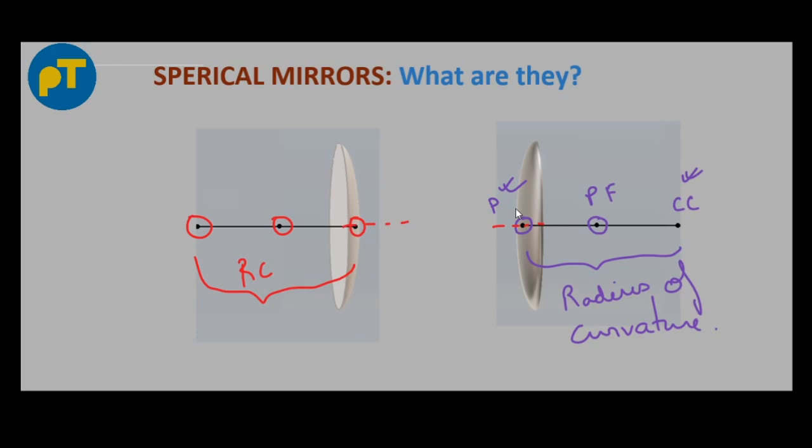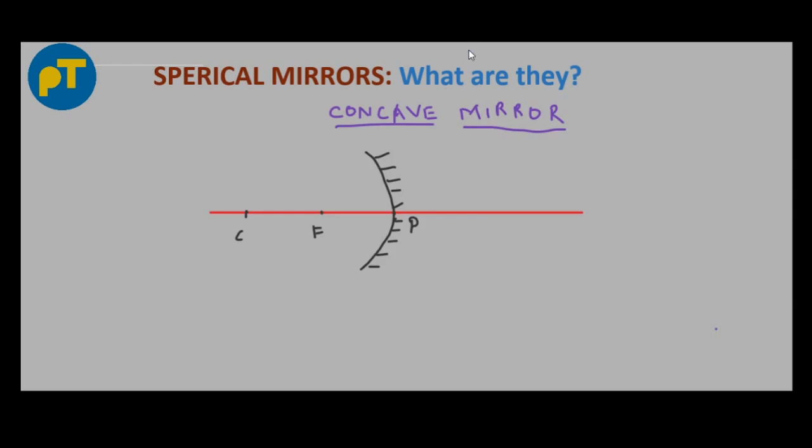What I've shown you so far are the three-dimensional views. In actual learning and mathematical calculations, we usually follow schematic 2D diagrams. This is the schematic two-dimensional diagram of the concave mirror. This is the center of curvature, this is the principal focus, this is the pole, and this is the principal axis.